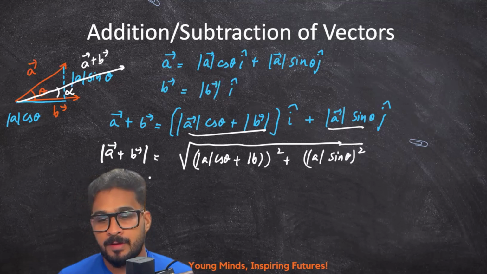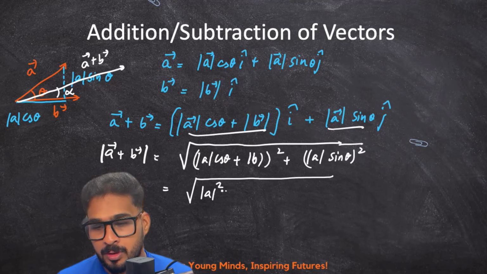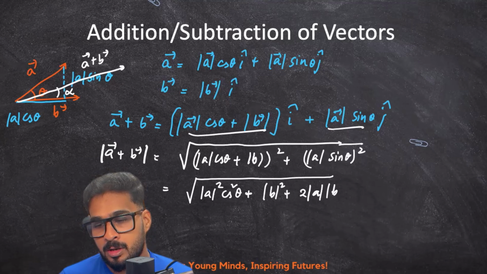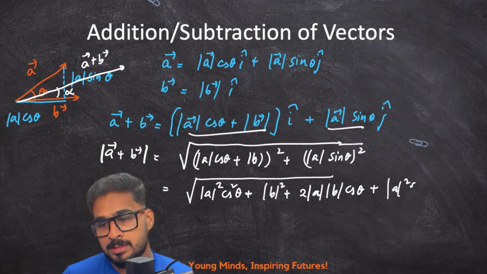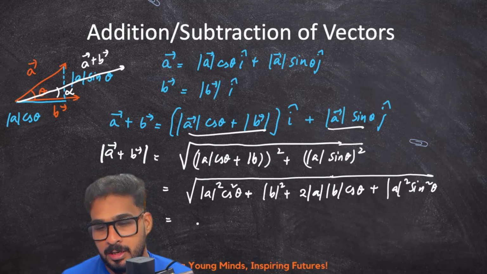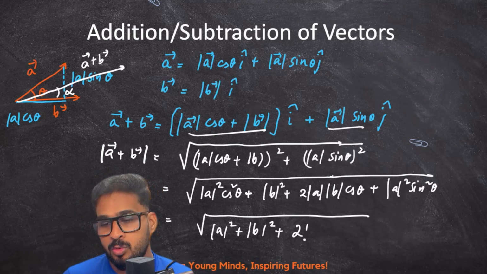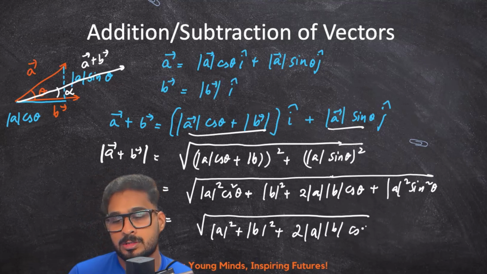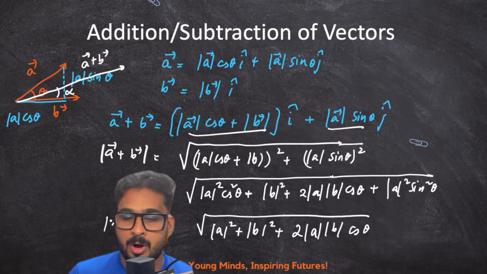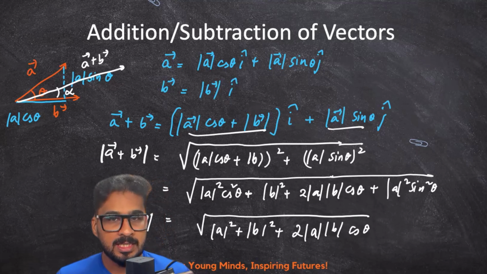If I expand this, I'll get mod A square cos square theta plus mod B square plus 2 mod A mod B cos theta plus mod A square sin square theta. If I take common and simplify using the trigonometric identity, I can finally write the answer as the square root of mod A square plus mod B square plus 2 mod A mod B cos theta. This is mod A plus B.